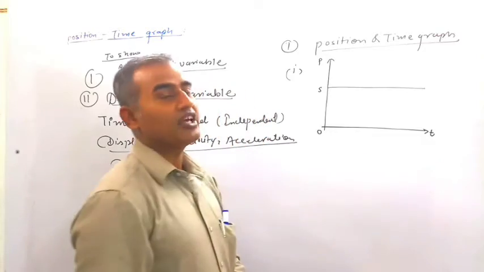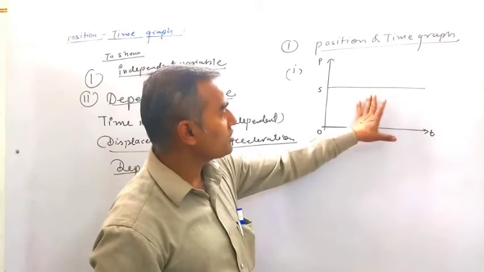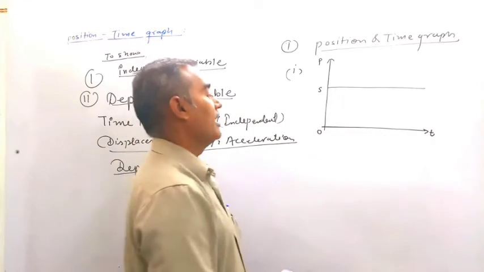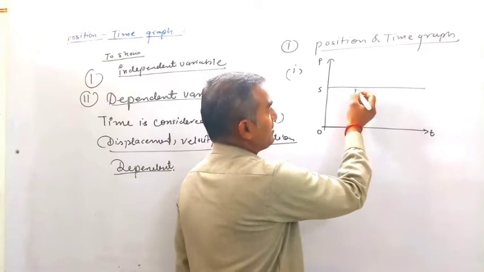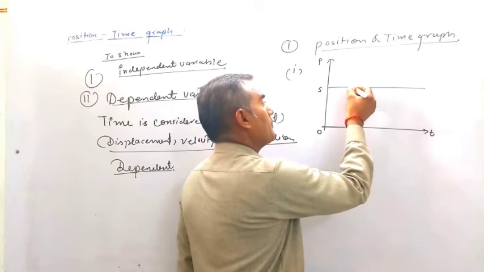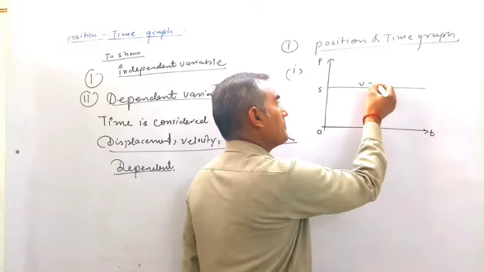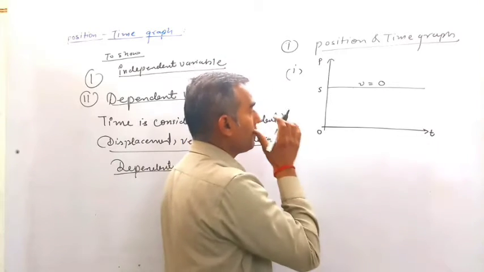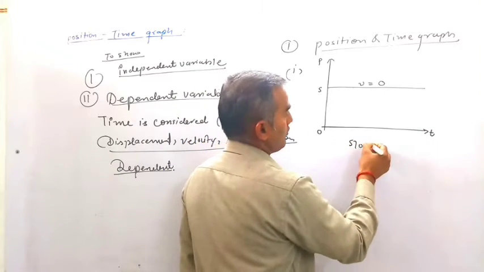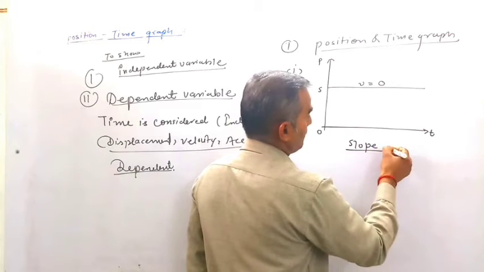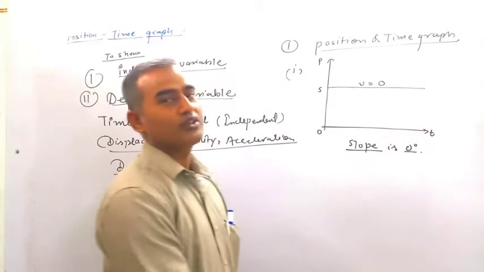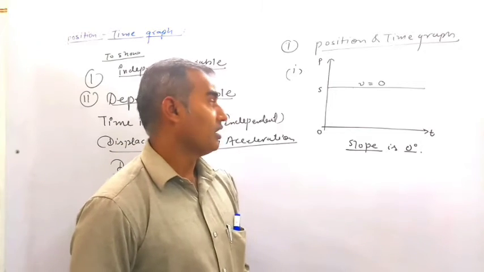Means time is changed continuously but position of particle or body remains unchanged, and in this condition the velocity of particle is 0 because here the slope is 0 degree, so velocity will be 0.